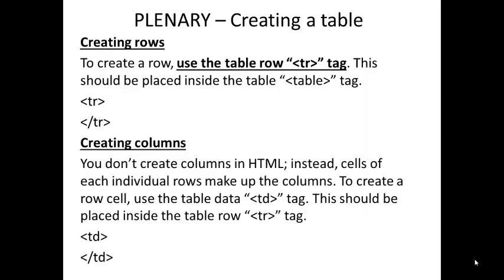You use the TD tag to create each cell in your table, and this should be placed in your table row, the TR tag. So you have your TR being placed inside the table, and then you have the TD, that's the cells of each of the rows, being placed inside the TR.